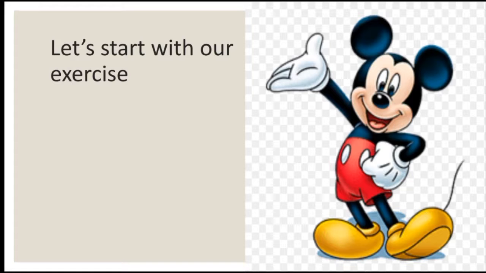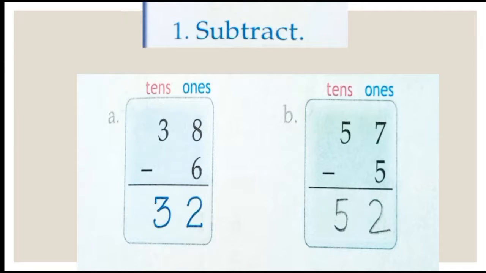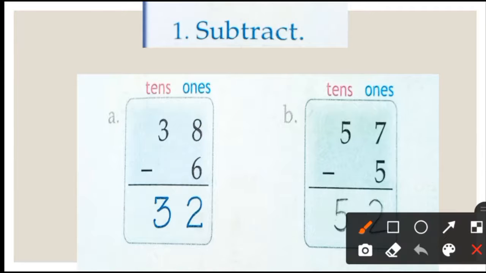Let's start with our exercise. Our first exercise is subtract. And our first question, that is question A, and the digits are, students, now I am reading my digits together in one sentence, and the digits are 38 minus 6. Now I am going to read our ones part and tens part.